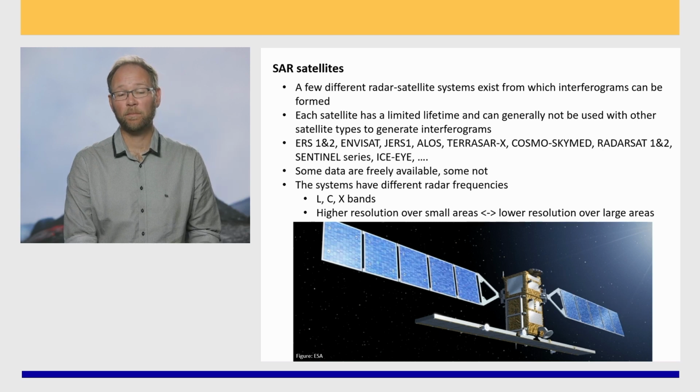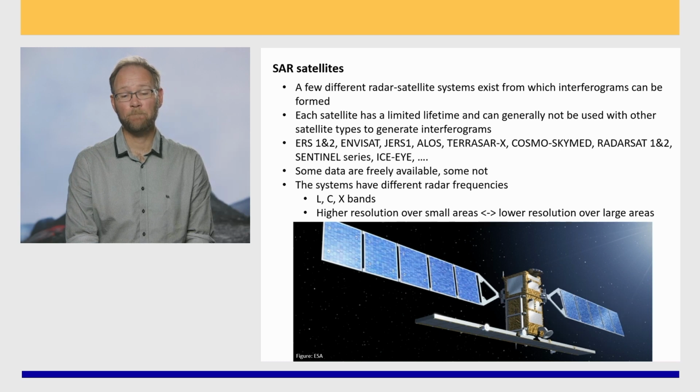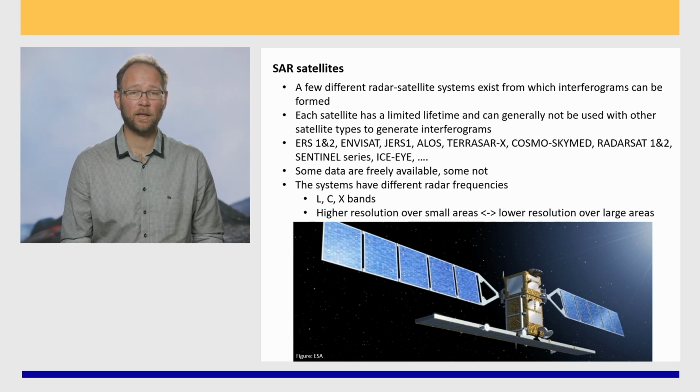So there can be the ERS satellites, Envisat, ALOS, TerraSAR-X, COSMO-SkyMed, RadarSat, Sentinel series, ICEYE, etc. And it's quite different how easy it is to access this data. Sometimes it's freely available, sometimes not. And these satellite radars also operate at different frequencies, called the L, C, and X bands. And that affects the resolution and the reflective characteristics that each system gives.